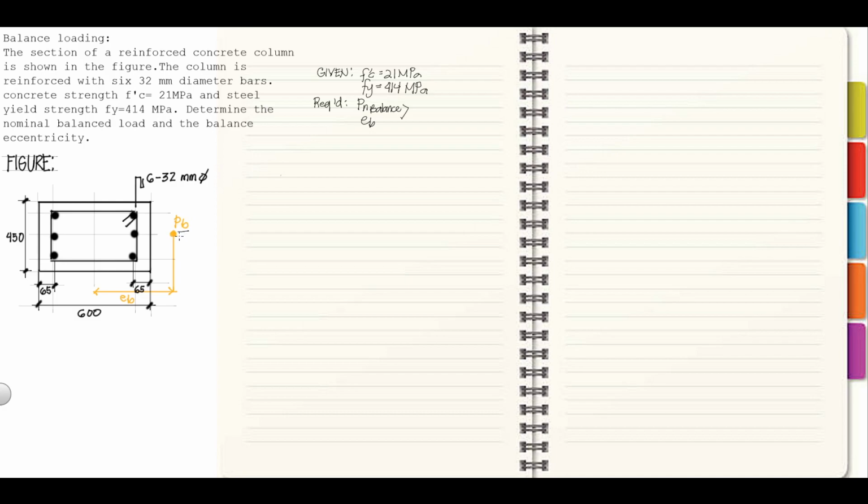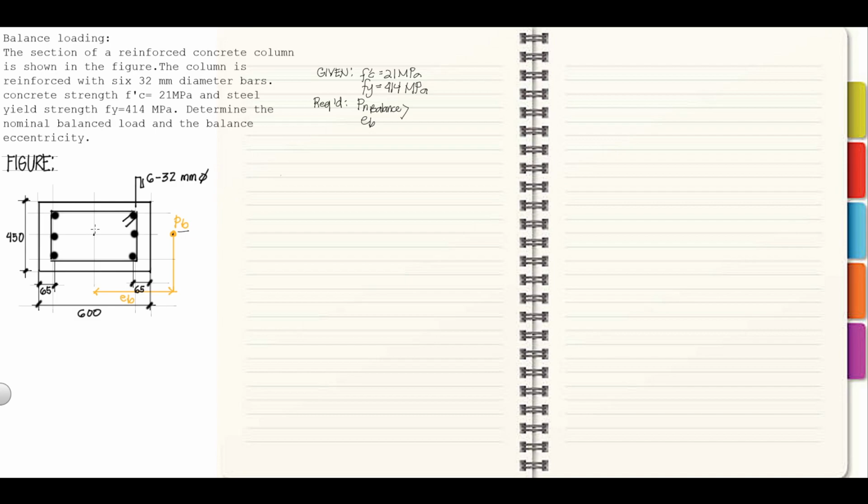Ito yung ating nominal balance loading. This is PB. Andito siya sa point na to, which is EB distance from H. Take note, ito yung na-lesson natin in the previous topics. We need to know first kung nasan yung plastic centroid.